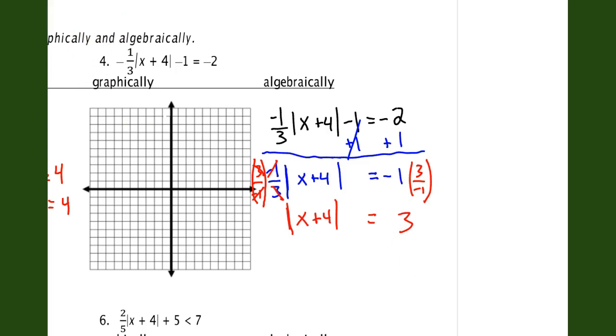Right, and now, as we mentioned before, there are two answers that will give us a +3. So we know x plus 4 is equal to -3, right? But x plus 4, when is that equal to +3? Two possibilities.